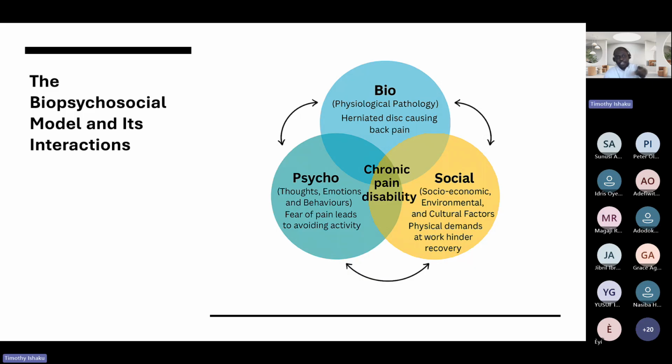So the biopsychosocial model refers to, first, the biological part, which we talked about, which is the biological aspects of health: the disease process, the genetic predisposition, the physical injury, neurological, cardiovascular, or musculoskeletal. And in physiotherapy, it can be herniated discs causing low back pain. The psycho is the thoughts, the emotions, and the behavior of the patient.